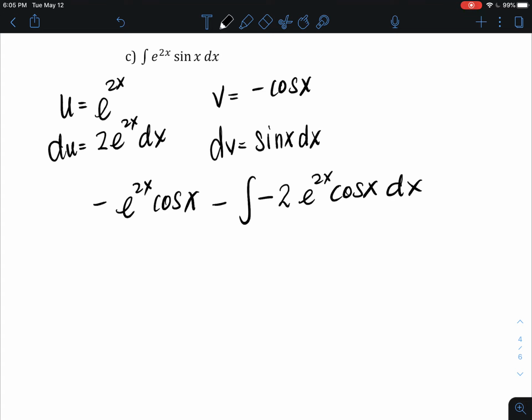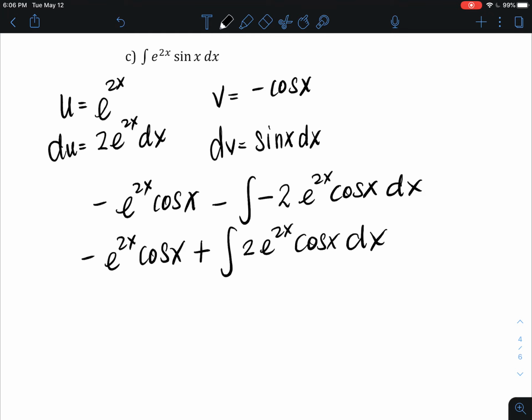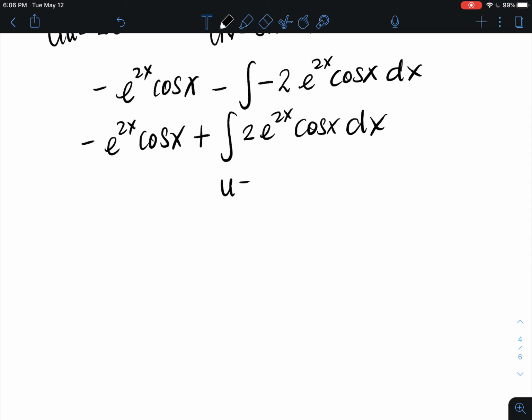Okay, so let's clean this up a little bit. Let's leave the 2 inside because we're going to have to take integration by parts again. So negative e to the 2x cosine x plus the integral of 2 e to the 2x cosine x dx.